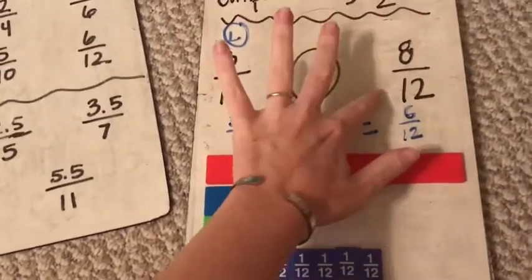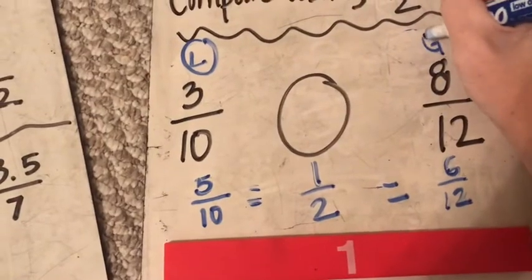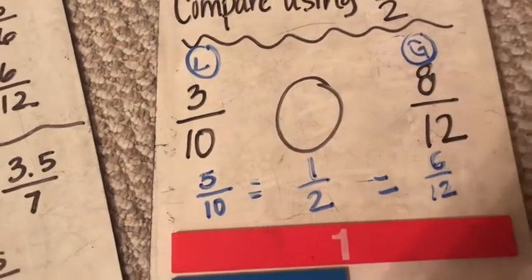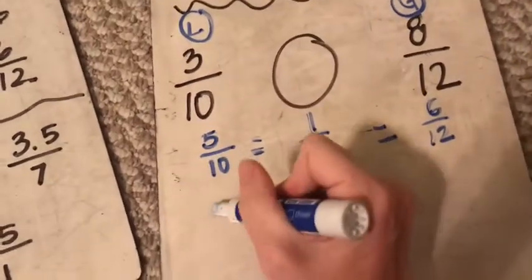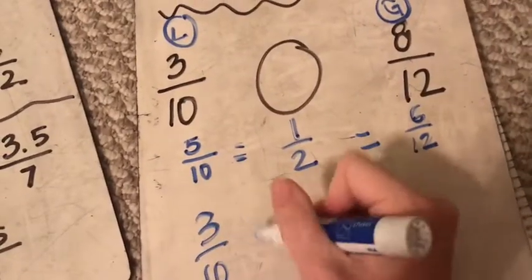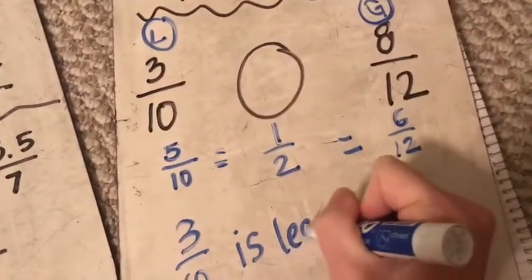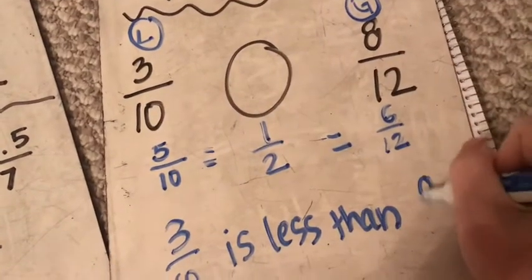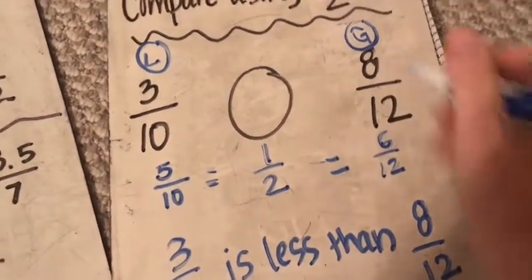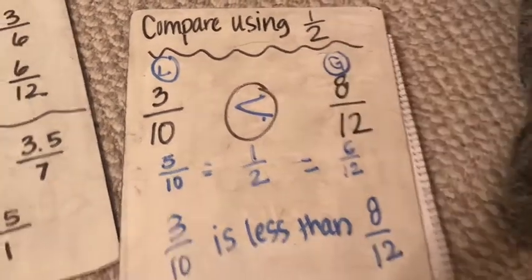So 8/12 is greater than 6/12. Okay? So this means that 3/10 is less than 8/12. And I can show that. Right there. Here you go.